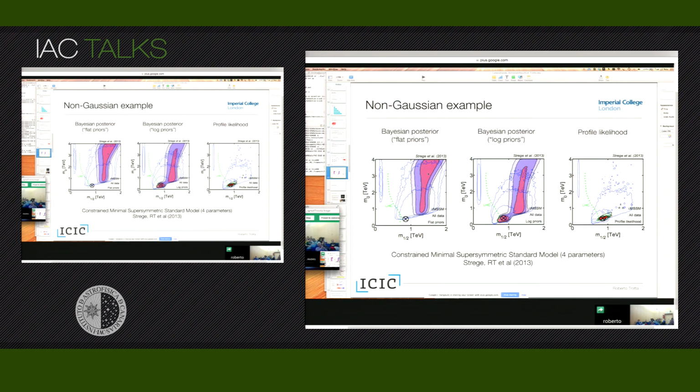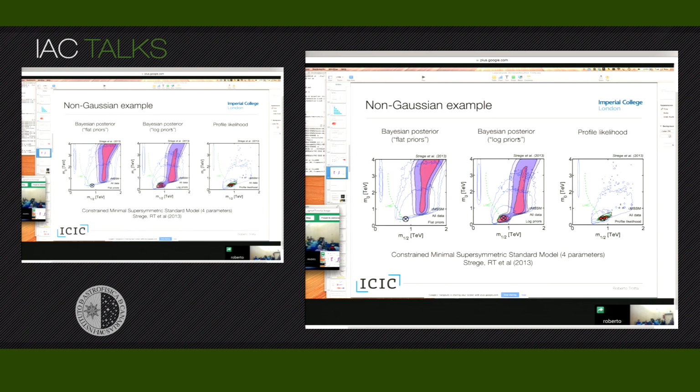But just have a look at these results here. This is essentially a 4 parameters model, so this is not a large dimensional space. And what you see here are posterior distributions for 2 parameters. If you look, for example, at just the filled contours, here is a distribution for uniform priors on the parameter.